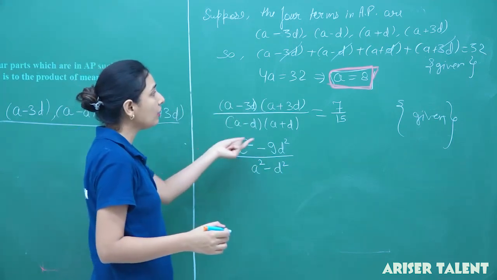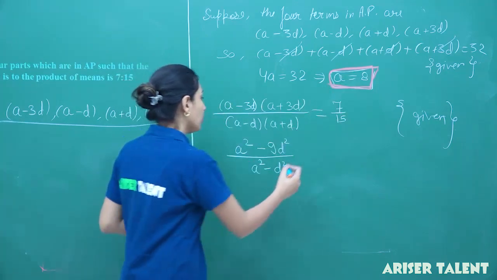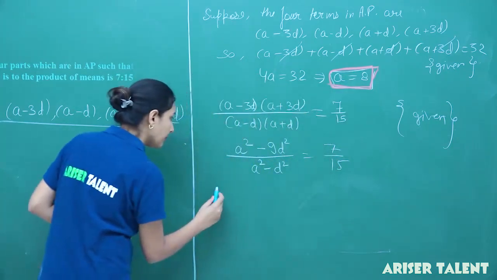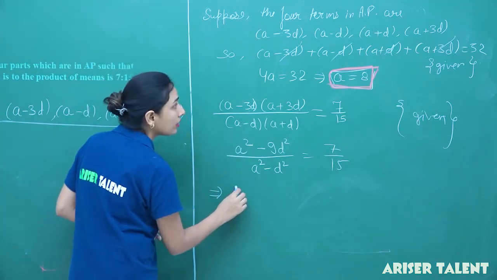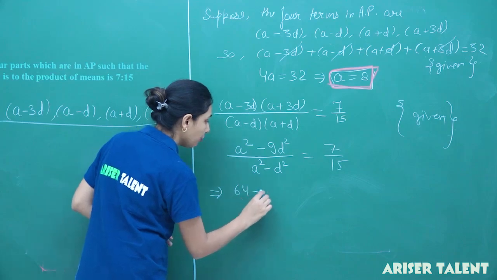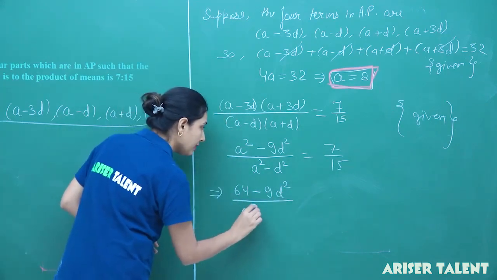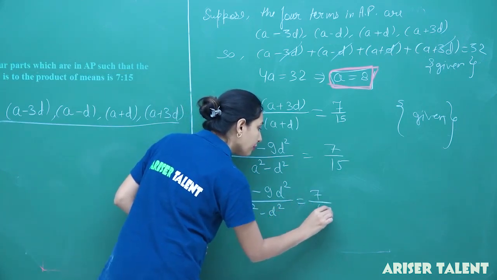Now, you have the value of A equals 8. So what you can do is replace this value A as 8, that will give you 64 minus 9D square upon A square minus D square equals 7/15.